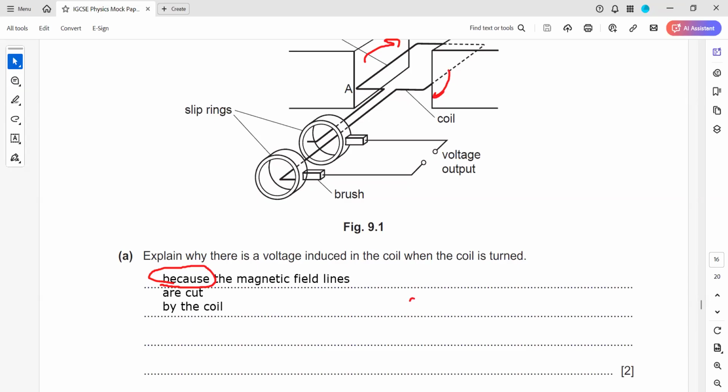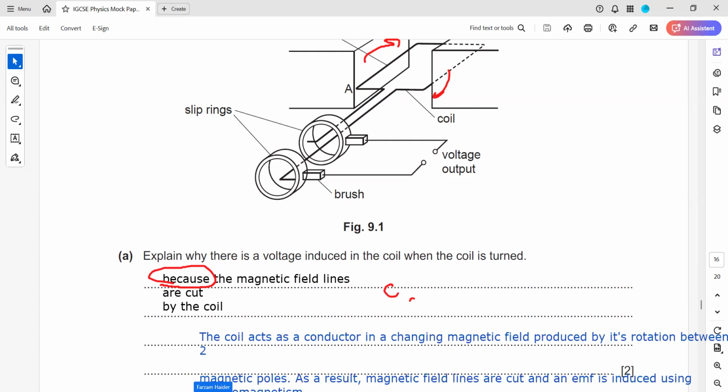The coil cuts the magnetic field lines, causing a change in the magnetic field. So in short, you will mention that the change in the magnetic flux will induce EMF.